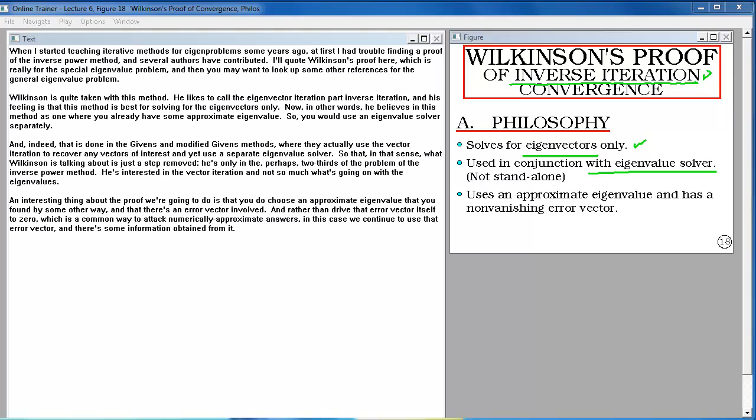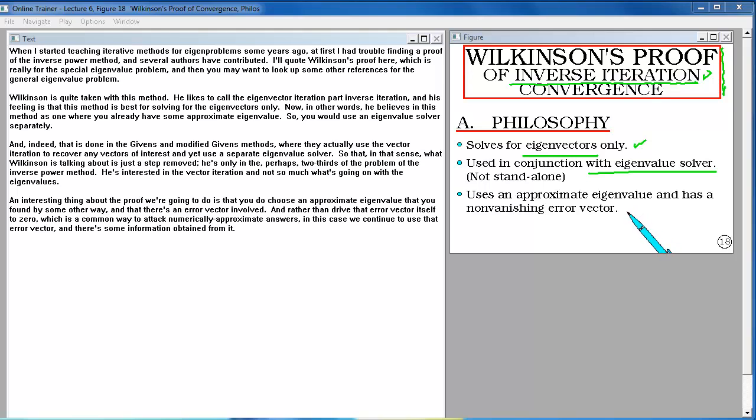So in that sense what Wilkinson is talking about is just a step removed. He's only interested in perhaps 2/3 of the problem of the inverse power method. He's interested in the vector iteration and not so much what's going on with the eigenvalues.